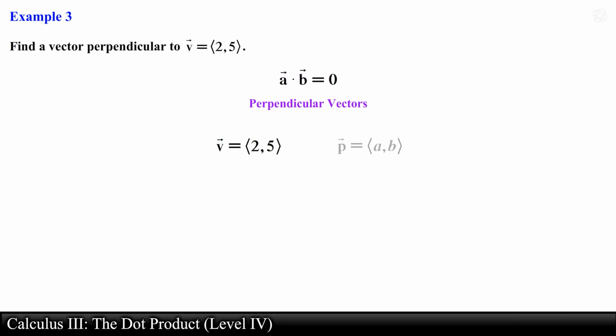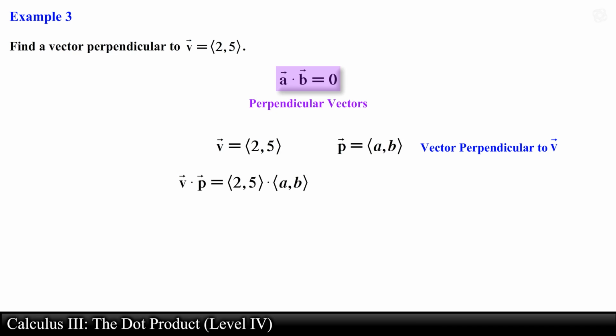Let's assume that the vector perpendicular to vector v is equal to vector p, with x and y components equal to a and b respectively. We want the dot product between these two vectors to be equal to 0. So let's compute the dot product between these two vectors and set the result equal to 0. Doing that, we obtain the following expression.